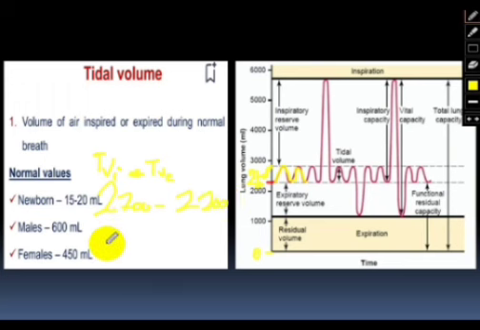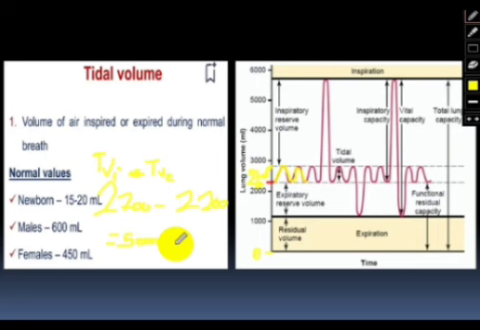Which will give you what? 500 mils. Okay? Alright. So that is the value for tidal volume.